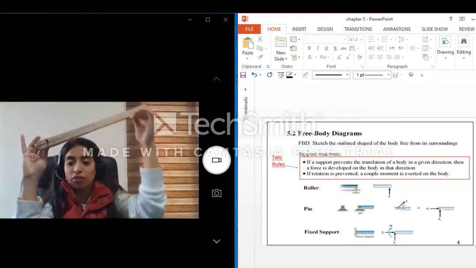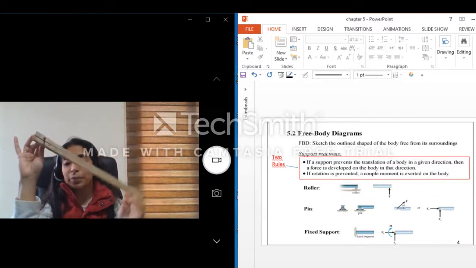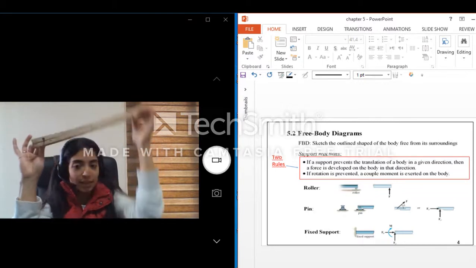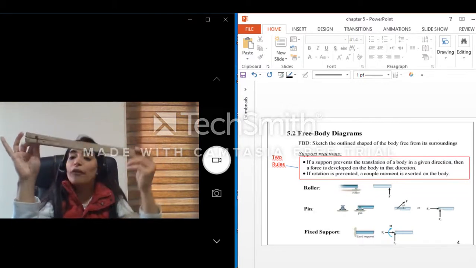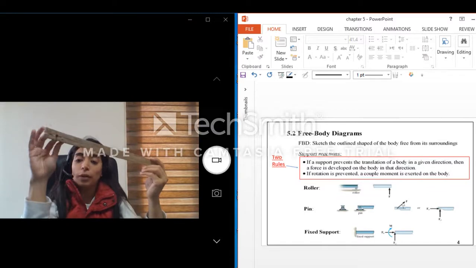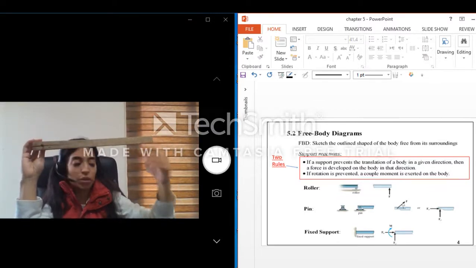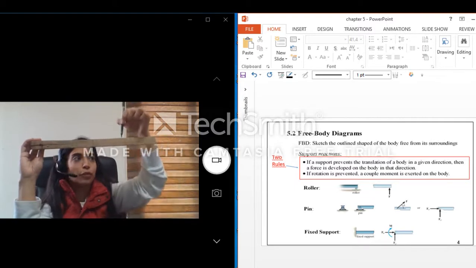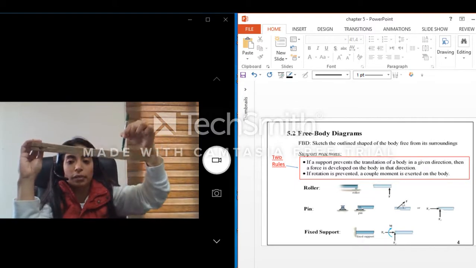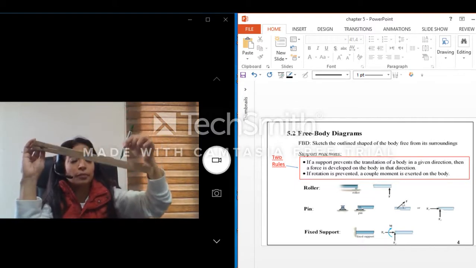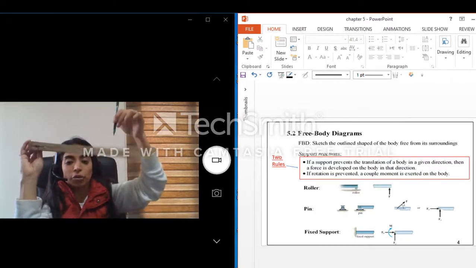So this rotation here could not be prevented, which means I don't have a reaction moment that is preventing this rotation. In other words, guys, if I put a force here on this wooden beam, this wooden beam will do a rotation.